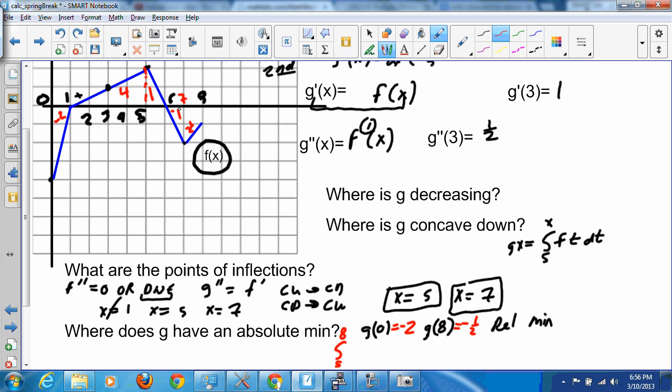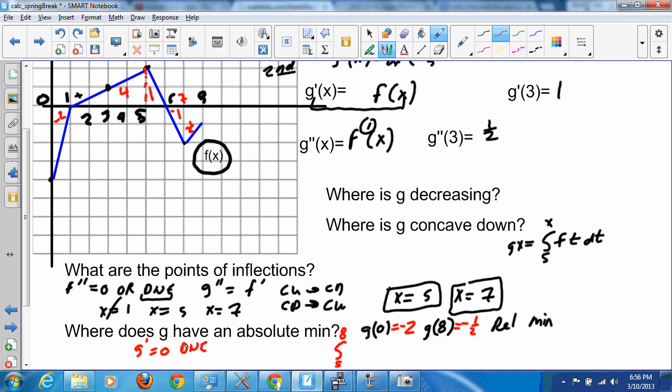So now we need to calculate any relative minimums that we have. Well, in order for me to look at the relative minimums, we need to think back that relative minimums occur around the critical values of g prime, right? So when g prime is equal to 0 or g prime does not exist.